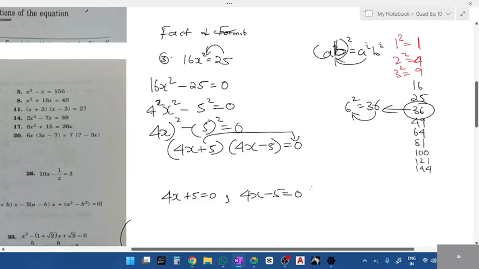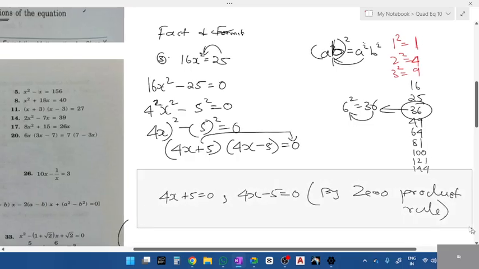Okay. Once you are trying to split it, mention here by zero product rule. You have to mention this in bracket by zero product rule.